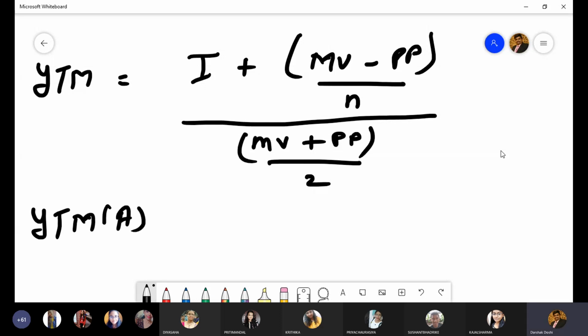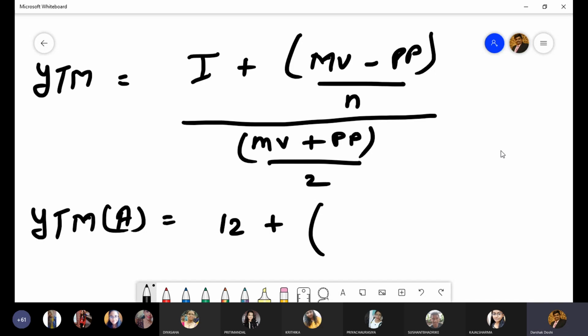Now YTM of A. How much is the interest coupon rate given to us? 12%. 12% of face value rupees 100 will be 12 rupees. 12 plus, how much will be the maturity value in absence of information given? 100.